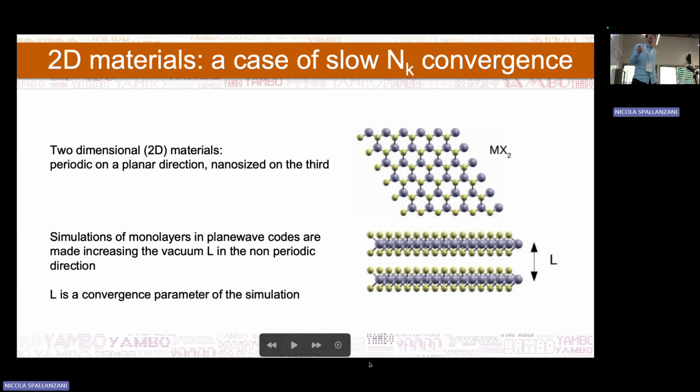I think now we are all familiar with 2D systems. We basically have a layer of atoms that is infinitely extended in the plane, while along the vertical direction it has no communication with the layers above and below.